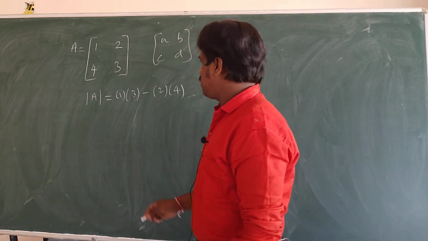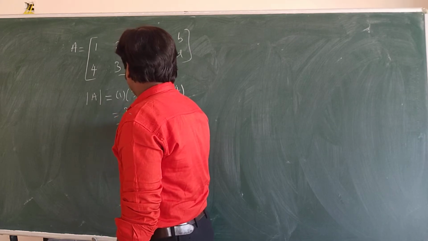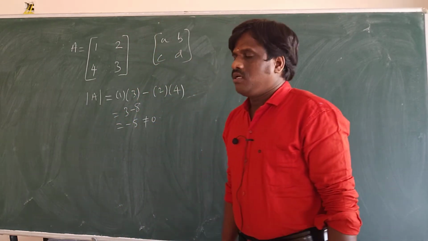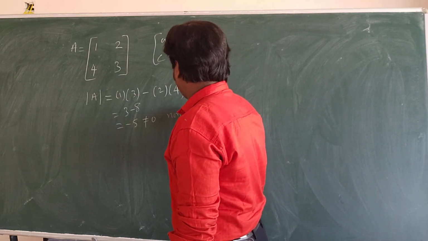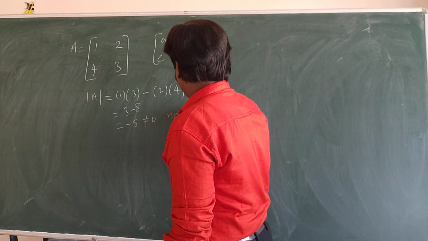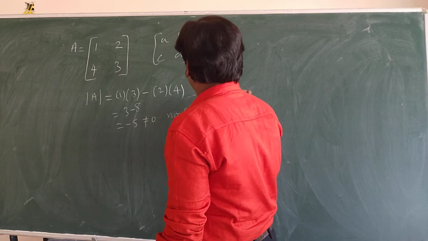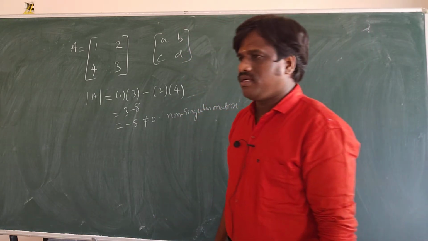So you get 3 minus 8, which is equal to minus 5, which is not equal to 0. So if determinant of A is not equal to 0, this is a non-singular matrix. Every non-singular matrix will have an inverse.